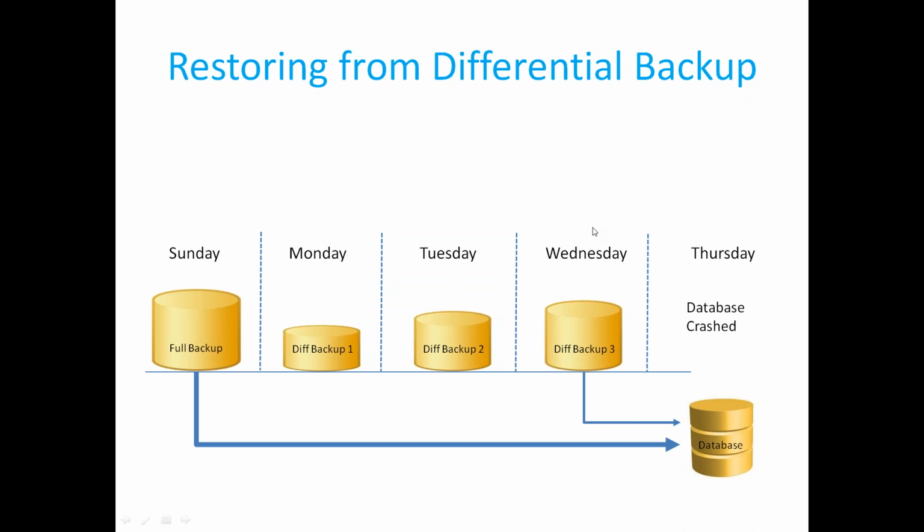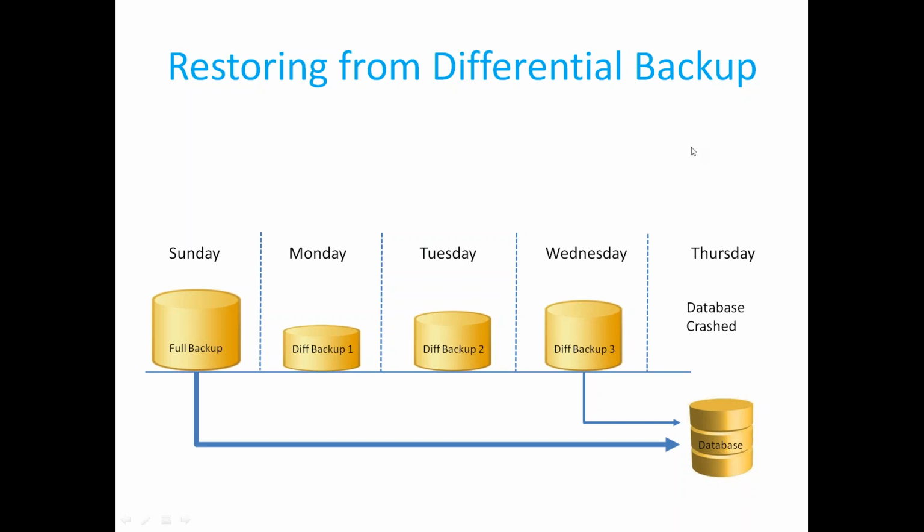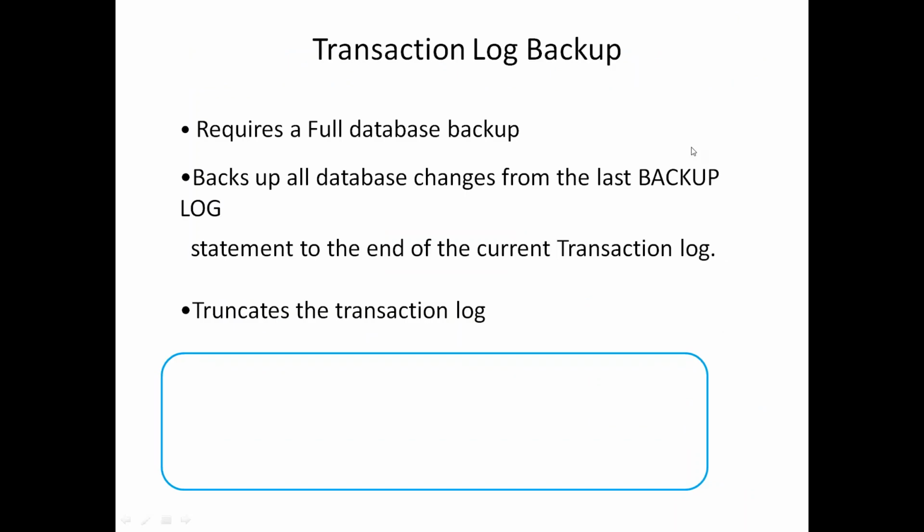So to avoid or to bring it down, maybe your business doesn't accept 1 day data loss. So in that case, we depend on the log backups, and we schedule the log backups to run for every 4 hours or for every 1 hour.